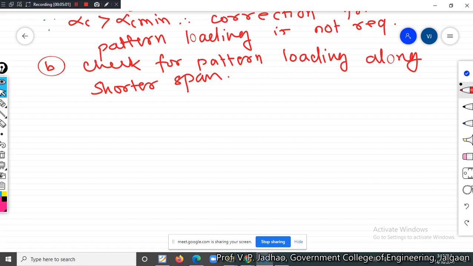For your shorter span, we should know this ratio L2 upon L1 and WL upon WD, that is live load upon dead load. We know this ratio already, we have calculated 0.67, that is equal to 4/3. And we should know this ratio L2 upon L1.